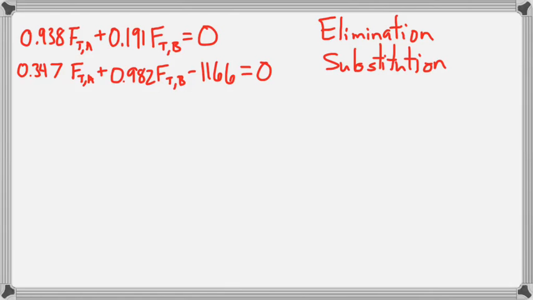So I'm going to take this equation, pull it down here, and we're going to multiply everything times this fraction right here: negative 0.982 divided by 0.191.